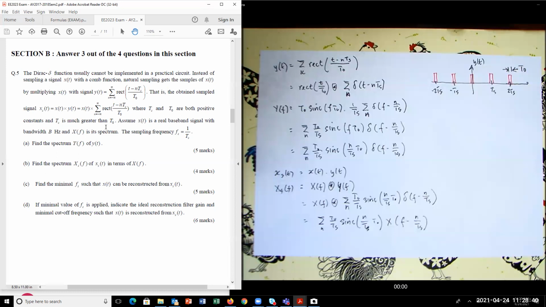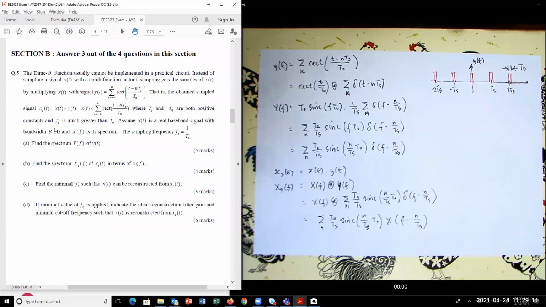So what happens here is that you have whatever is XF. We do not know what the spectrum is, but let's suppose it's a low pass signal. And you're told that the bandwidth of X is B. So now you have this X, which has bandwidth B, and is replicated every 1 over TS. 1 over TS is Fs.